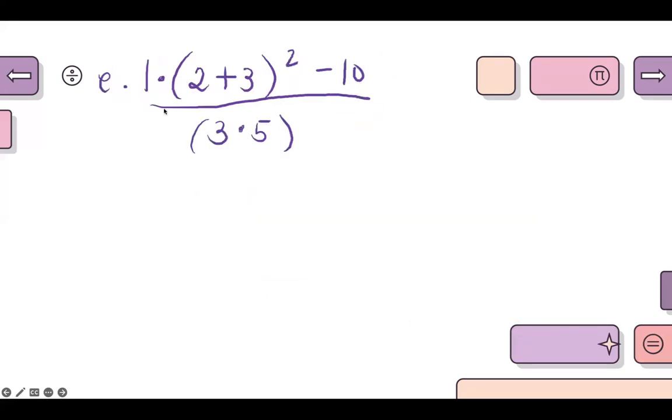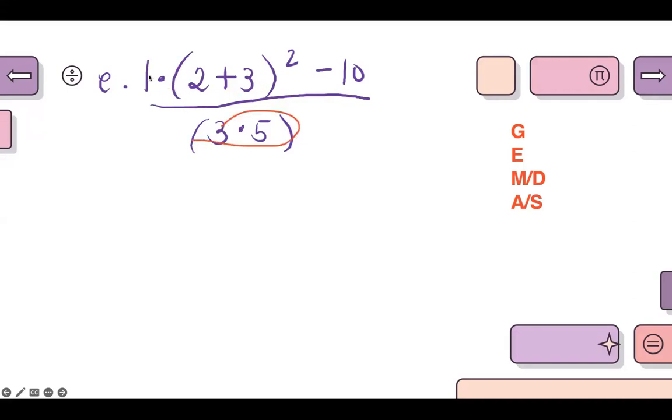Okay, for our last example, 1 times the quantity of 2 plus 3 squared minus 10 all over 3 times 5. Again, let's follow the GEMDAS rule. Okay, in our example, we have here number inside a grouping symbol, right? So let us solve for them first. So these are the grouping symbol.